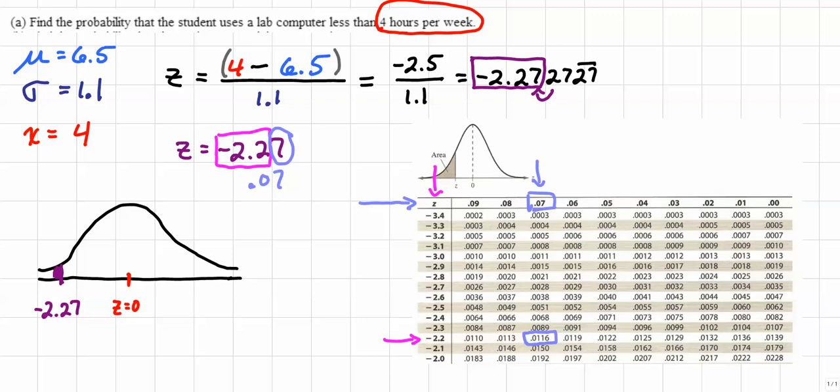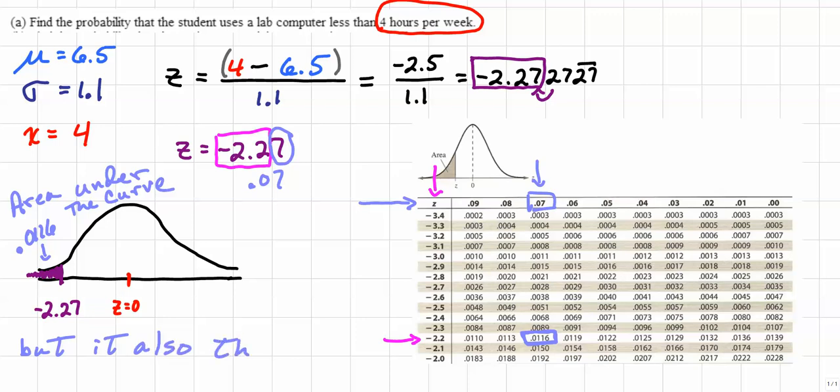And we're going to be looking at all the area under the curve all the way out to negative infinity. And this value right here is going to be 0.0116. Now that's the area under the curve, but it is also the probability.